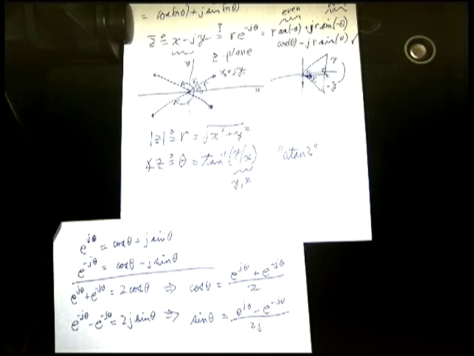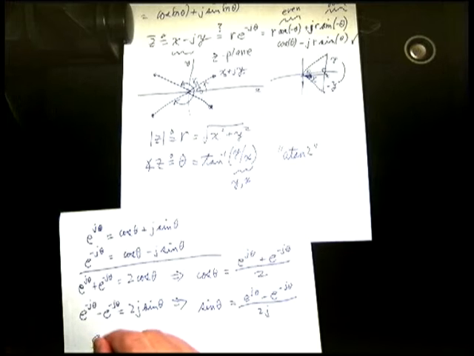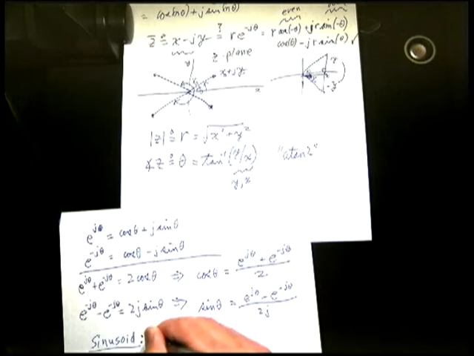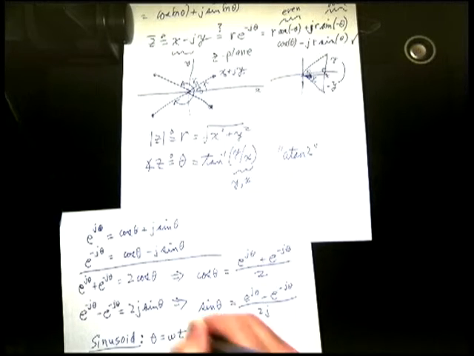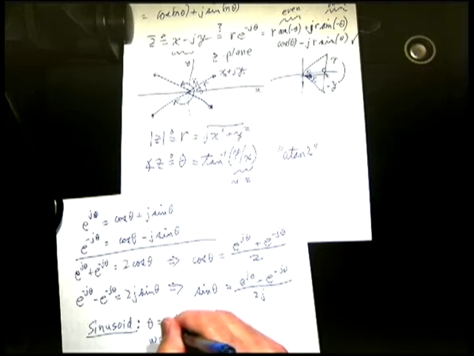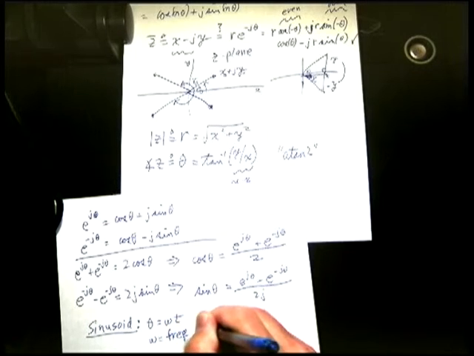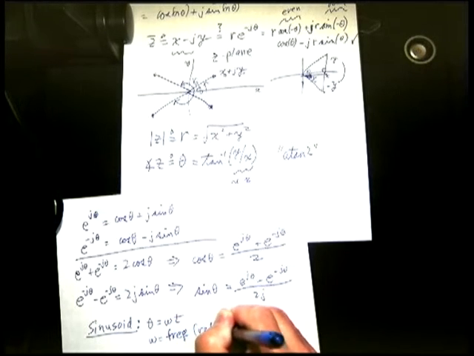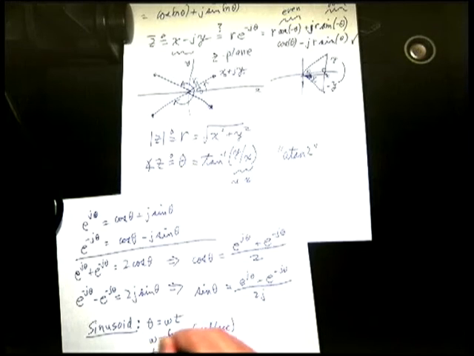And so what we're going to be doing is making sinusoids. A sinusoid is essentially just letting theta equal omega t, where omega is frequency in radians per second, and t is time in seconds.